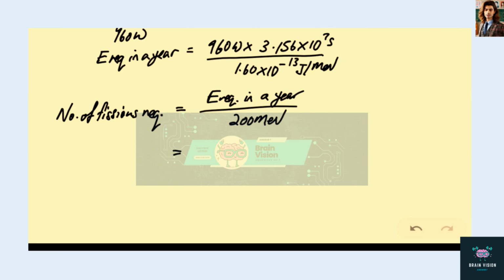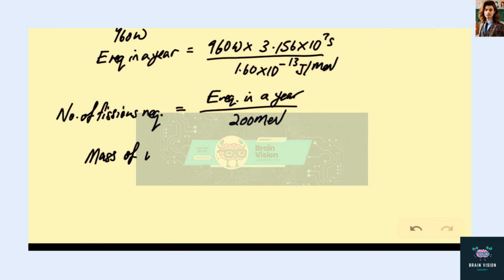Putting it into the calculator, we should be able to get the number of fission reactions, but what we want to really find is the mass of uranium-235 that's required.